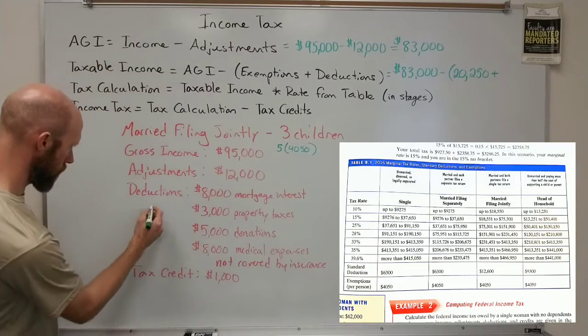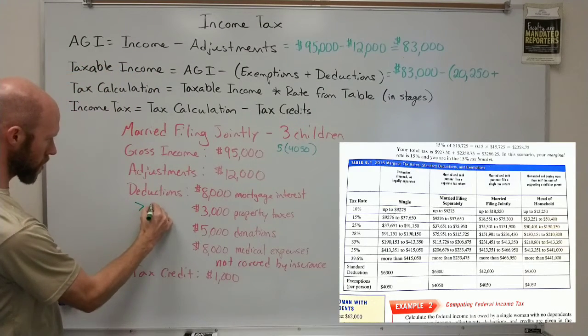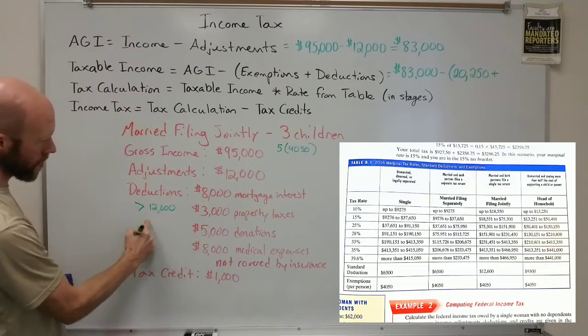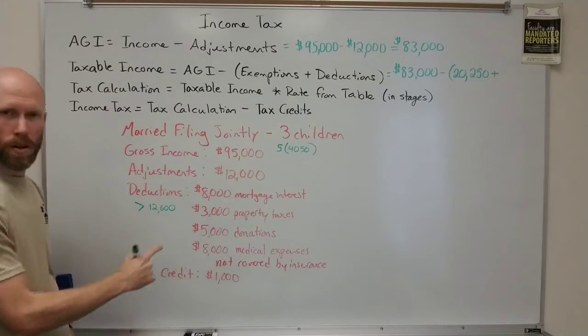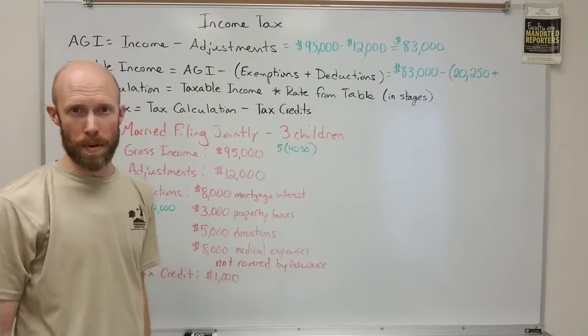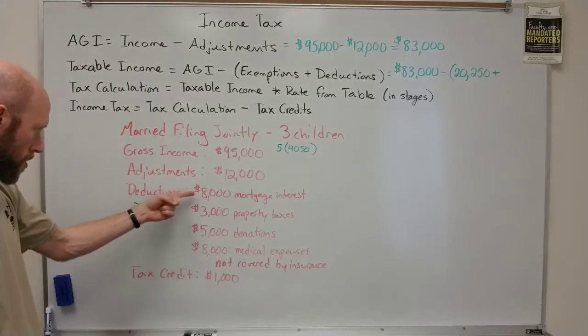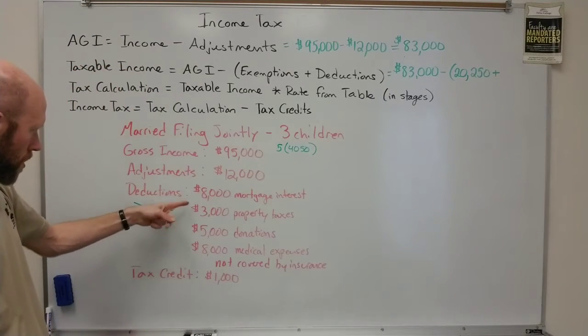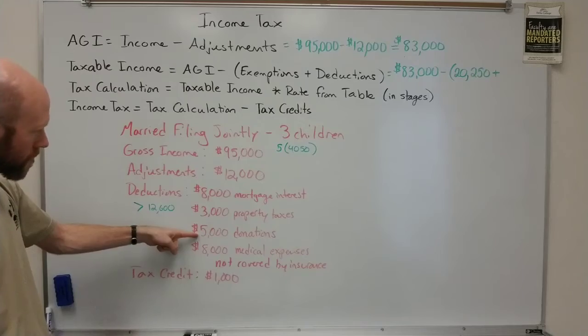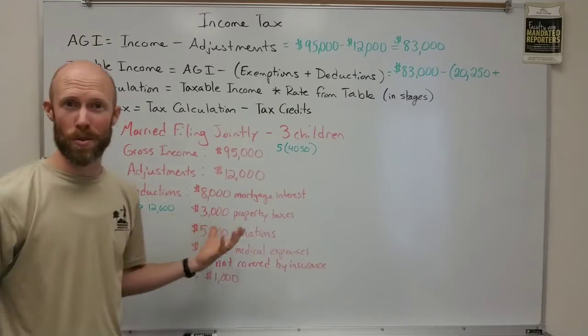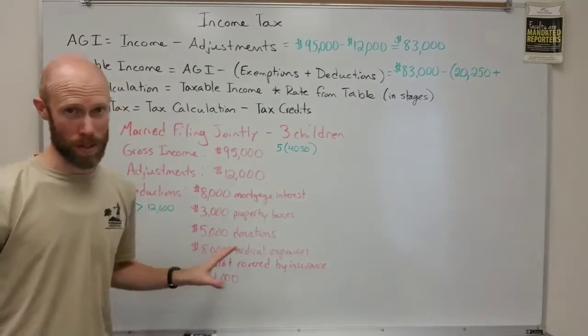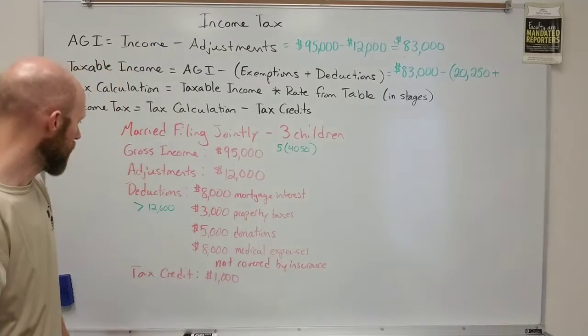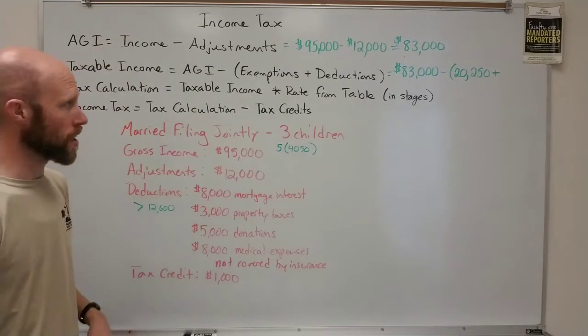So if this is greater than 12,600, then we're going to go with the itemized. And in this case, it's going to be because, well, yeah, just the 8 and the 5 together make 13,000. So we've surpassed that, plus we've got a couple other things to factor in. So definitely going to be doing the itemized deduction here.